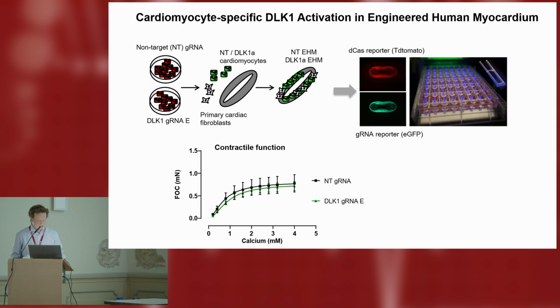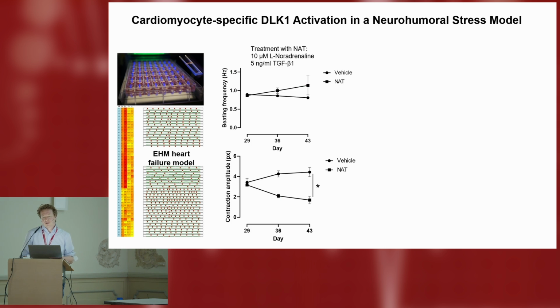Both non-target and DHK1 activation cardiomyocytes formed similar performing EHMs. We then asked if we apply an injury or a stress model, would we see any effect? In this case, we used a neurohumoral stress model, which means we treated the EHMs with a combination of noradrenaline and TGF-beta.